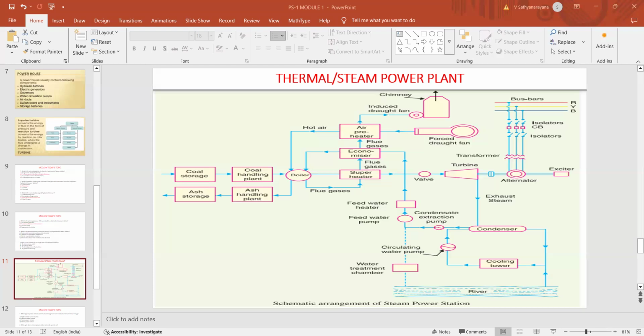Simply the generator, what I said in yesterday's session. So this generator, or alternator, converts the mechanical energy output of the turbine, which is the input of our alternator, into electrical energy. Done. Now the output of the alternator, we got electrical energy.